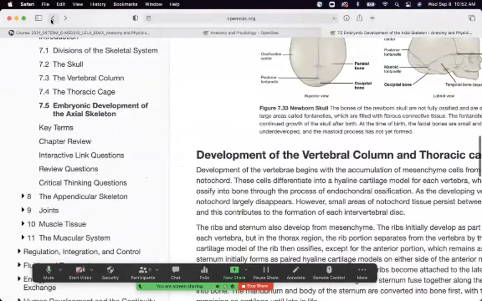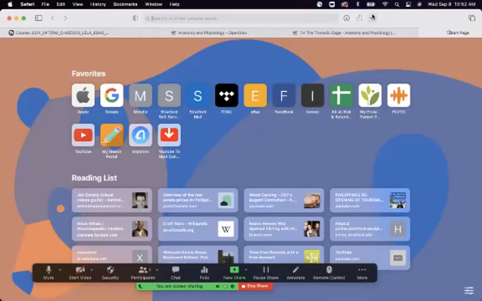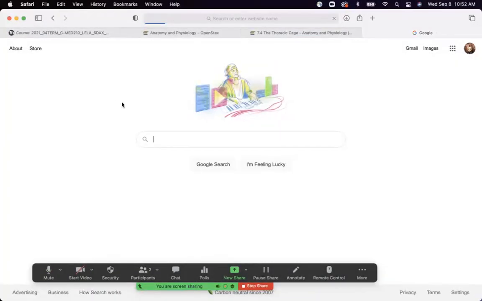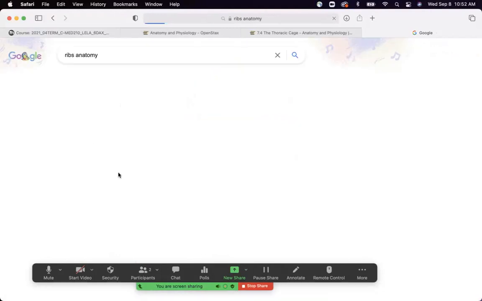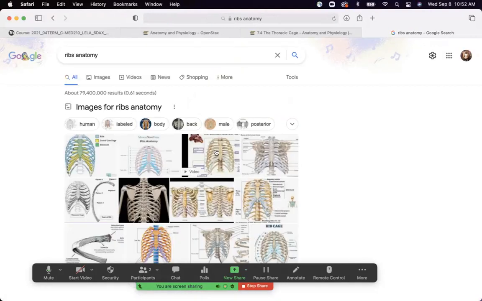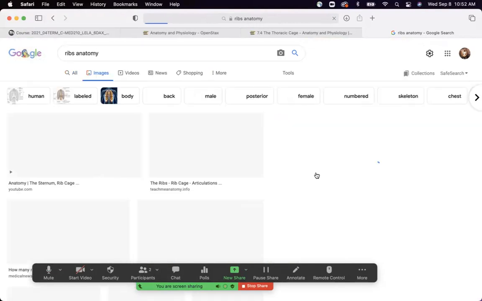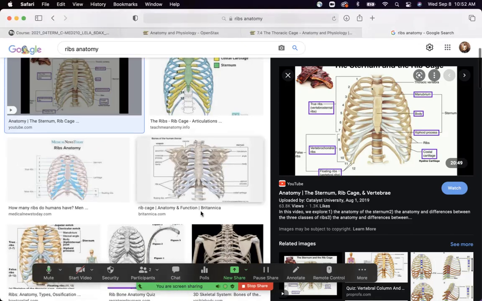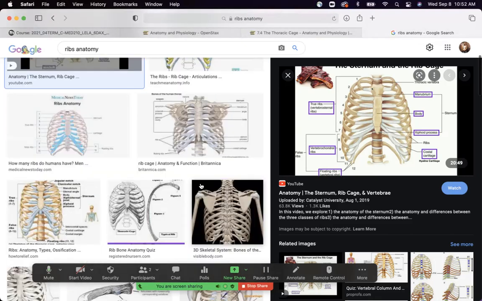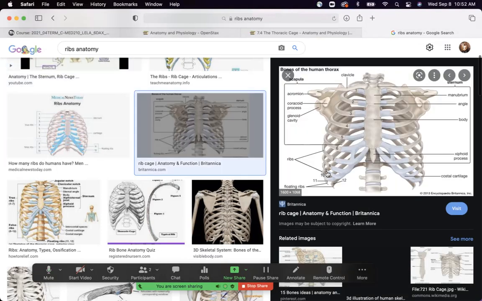No, they are not. Let's show a better picture. I don't like that one. Look at this one. Okay, this one's nice.